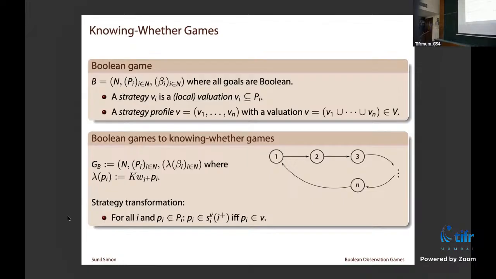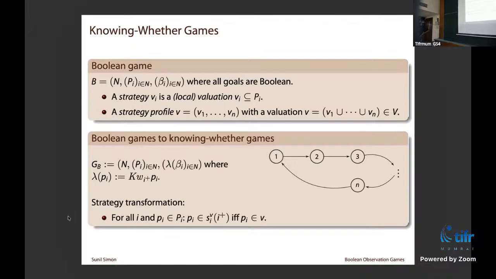You translate it into the observation game, where we are going to say that picking a valuation corresponds to informing player 2 the value for these propositions. So just use the correspondence between valuations and the two-player setting. You fix an ordering of these players and then simply translate the valuations into showing the propositions to the next player in this order.